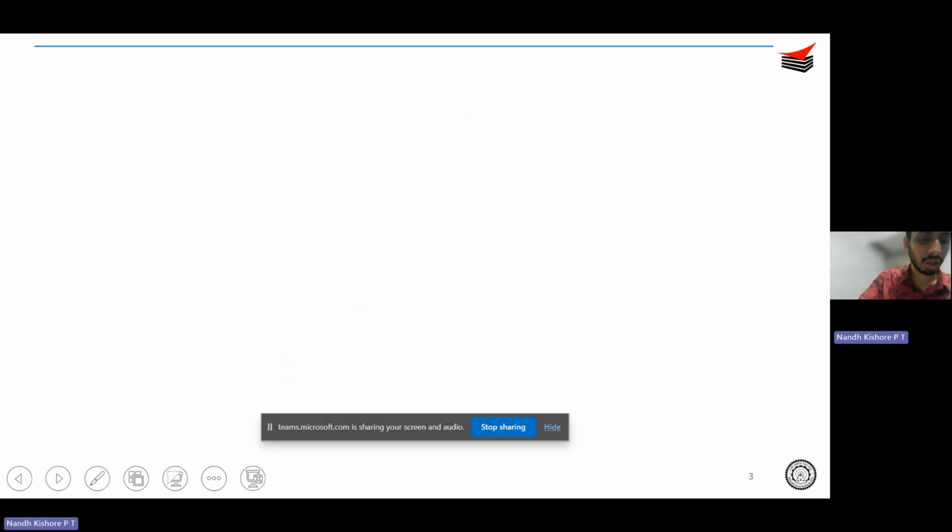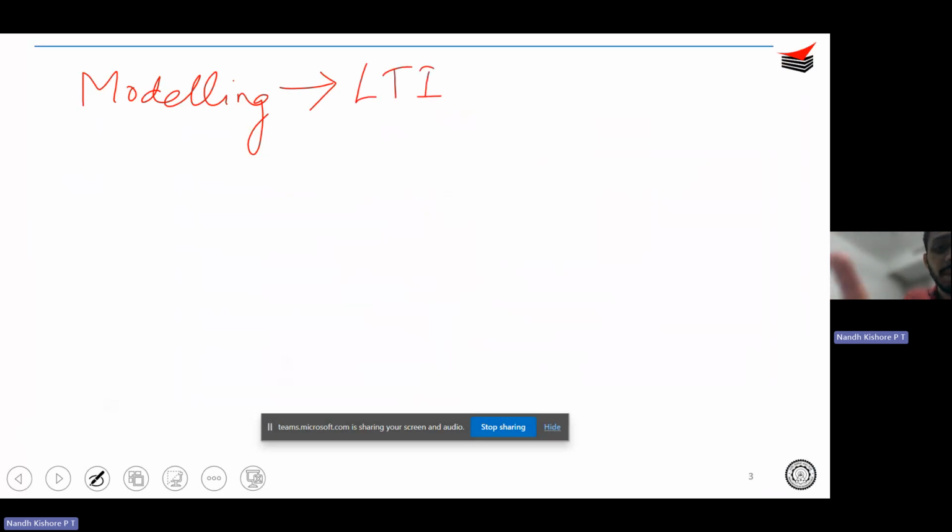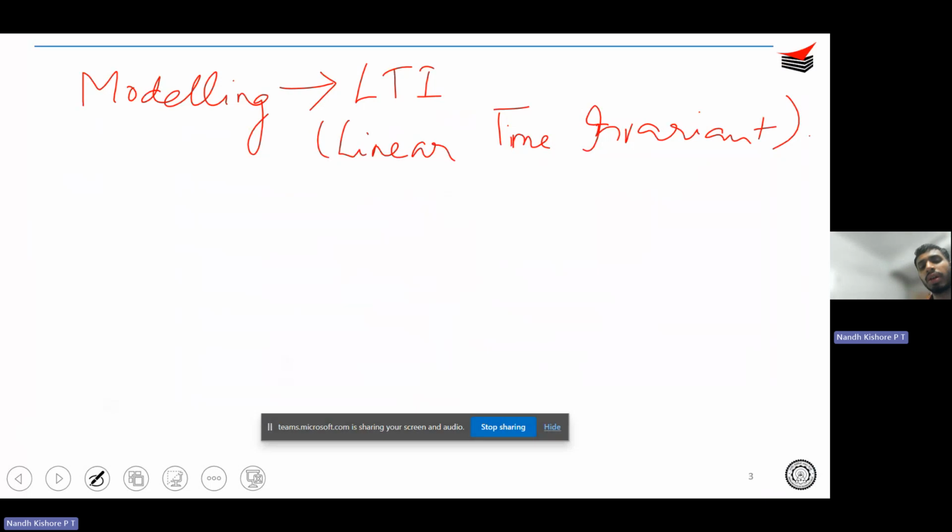Okay. So coming back to what I was telling, so modeling is applicable for LTI systems. So LTI means linear time invariant systems. Okay. So what do you mean by linear, right?